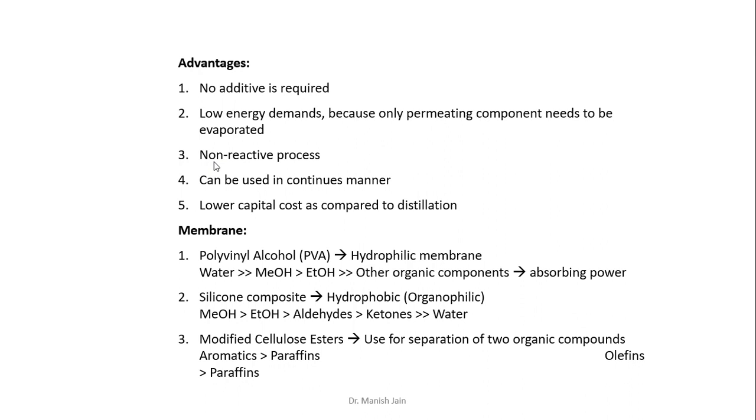Third is that it is a non-reactive process. If we use any reactive process to separate out a compound from the mixture, then that compound will be destroyed due to the reaction. But this is a physical process.